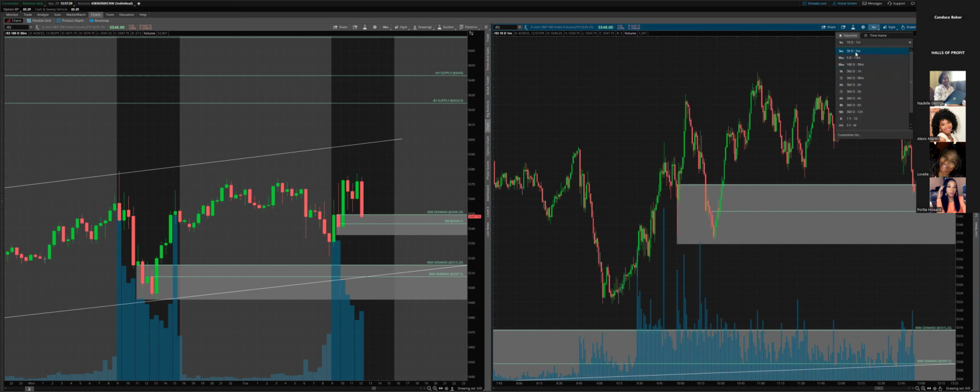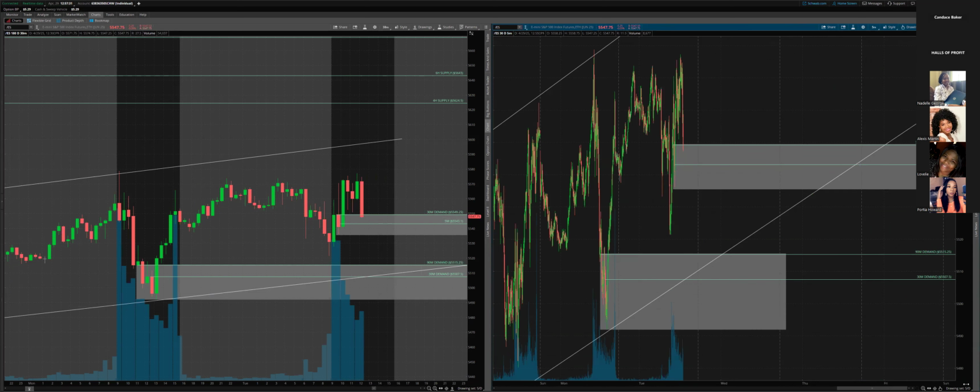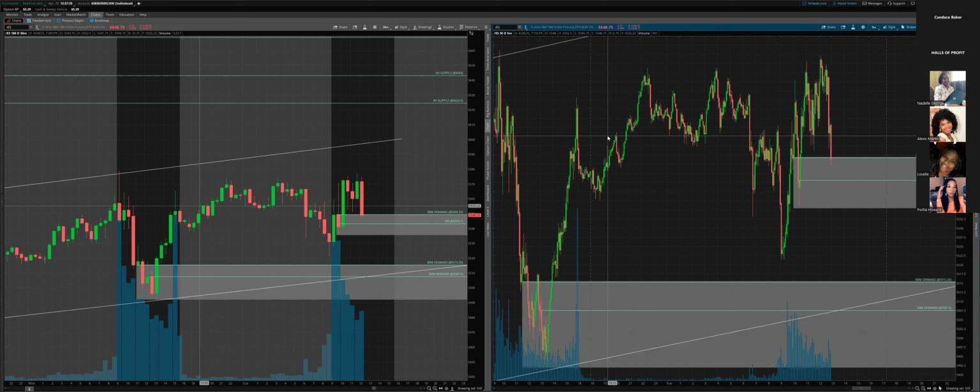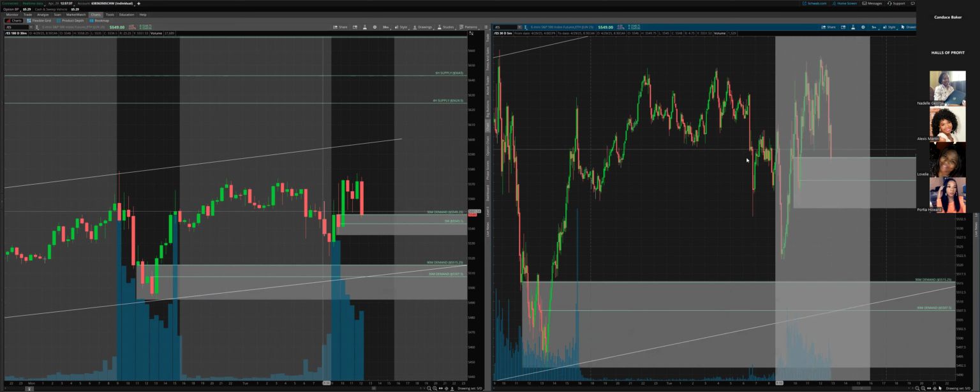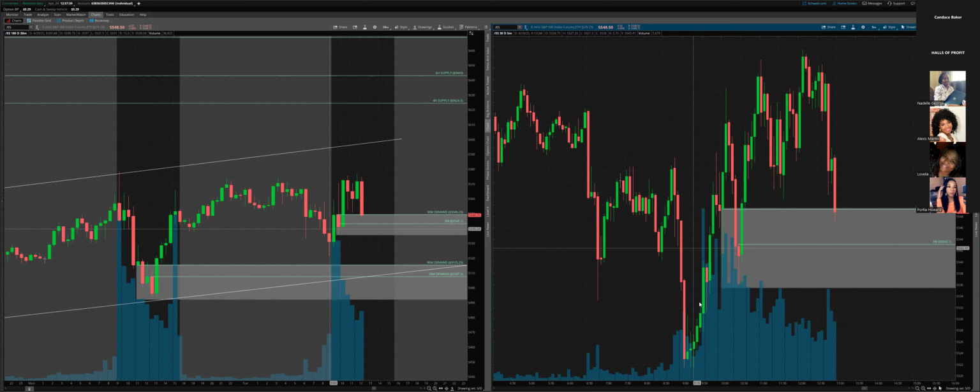Let me go to the 5 minute. This is one of those ones where the trend could be changing. You see how we're in an uptrend, we got low, high, higher low, higher high, higher low, higher high, higher. But then we came down and closed below here. Well, we haven't closed yet on the 5 minute, but still.